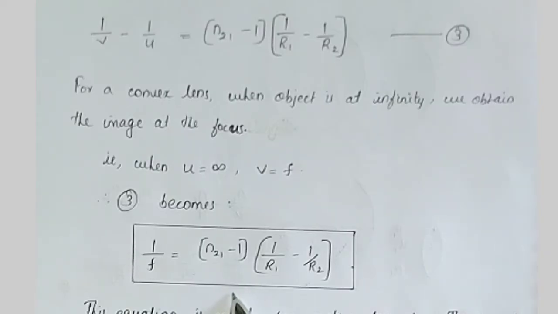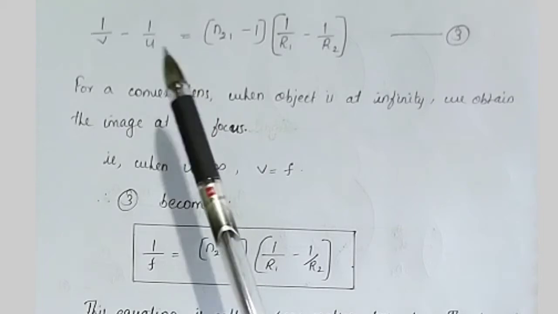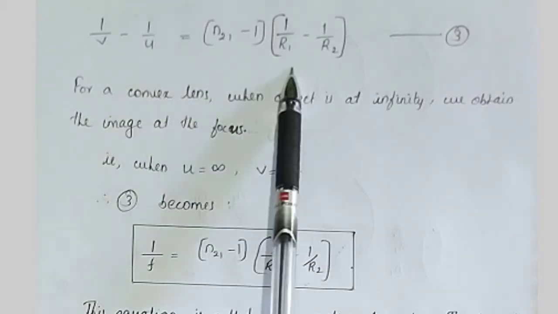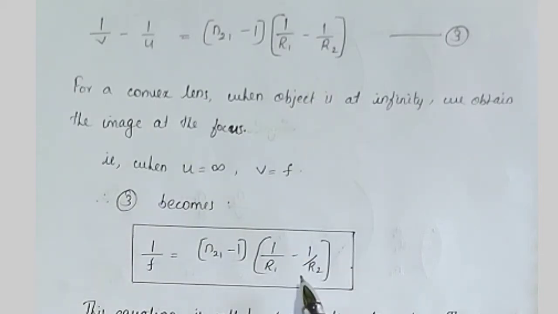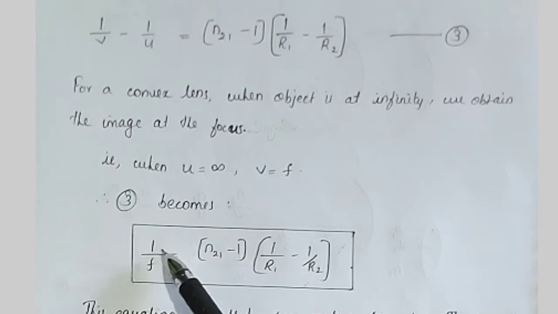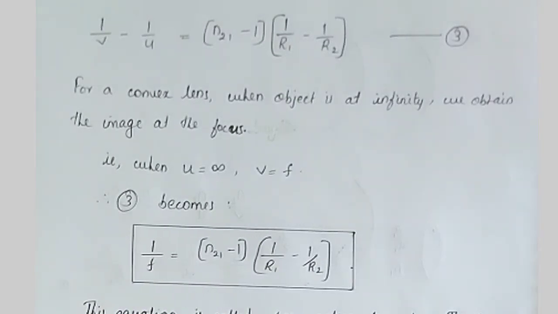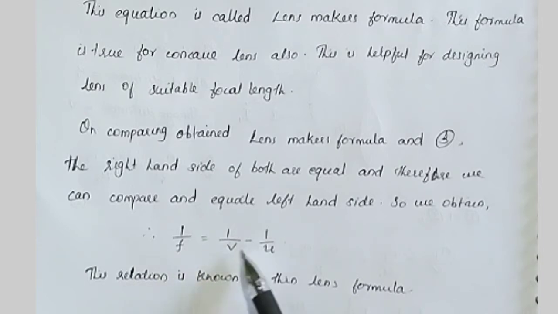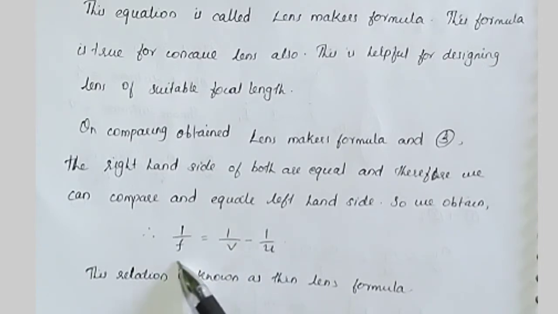Now, on comparing the lens maker's formula with the general formula, that is equation 3, we can see that the right hand side of both the equations are the same. Therefore, the left hand side will also be the same. That is, for a thin lens we can write the relation as 1 by f is equal to 1 by v minus 1 by u, and this is known as the thin lens formula.